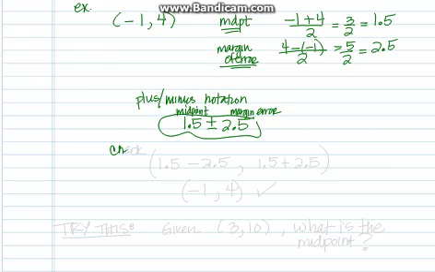So just to kind of check that again for us, we have 1.5. If we move to the left, we're going to subtract 2.5. Then we'll take 1.5 and move to the right. Okay, which 1.5 minus 2.5 would be at -1, and 1.5 plus 2.5 would put us at 4, which gets us the interval that we want.